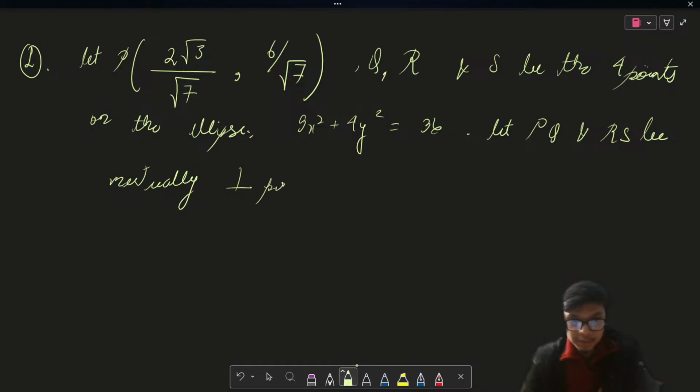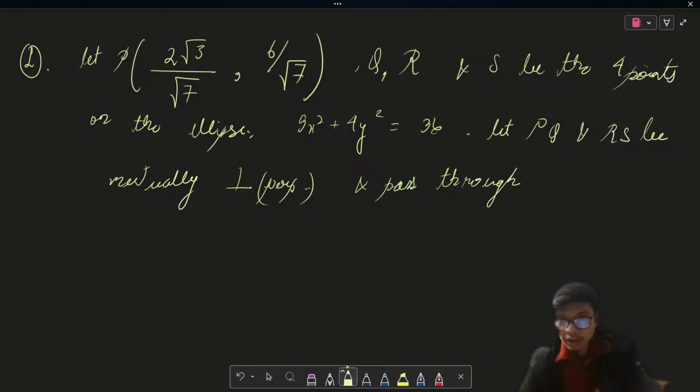This symbol is basically for perpendicular, so I'm not writing it completely. Perpendicular lines that pass through the origin.